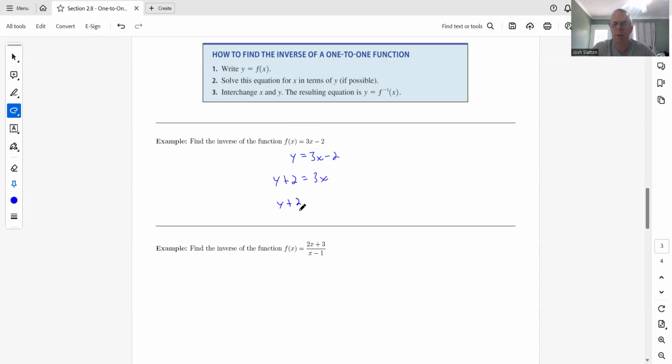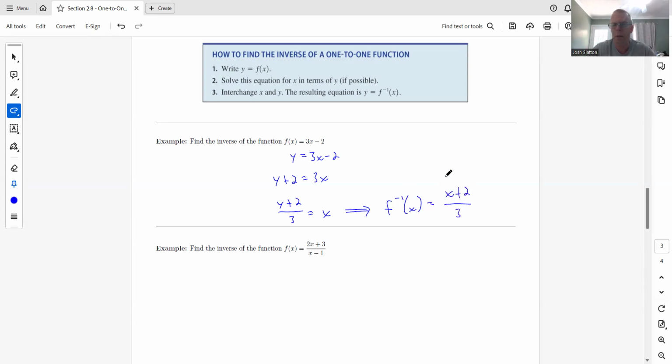So y plus 2 over 3 equals x. We'll put f inverse of x, and then we'll write this with an x.